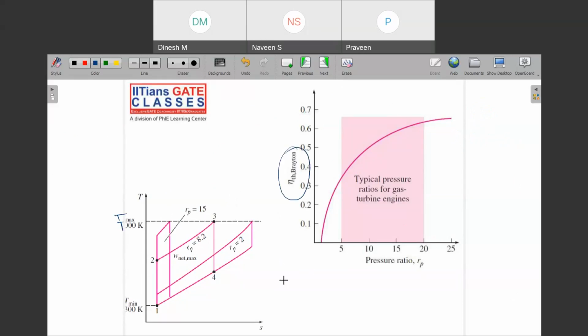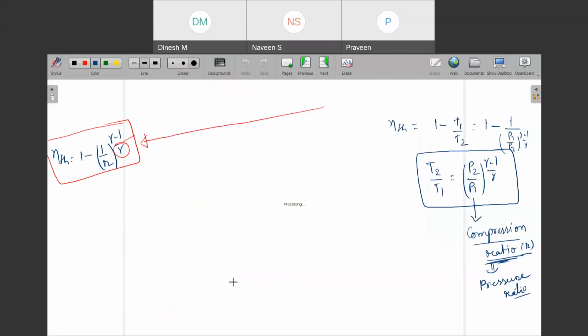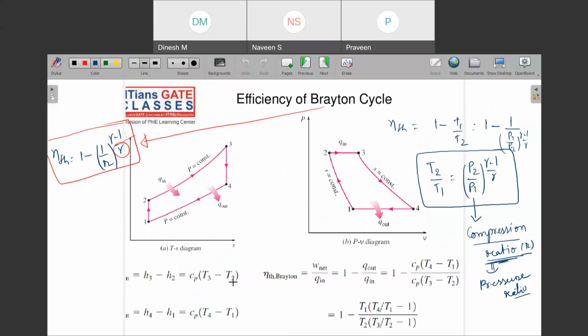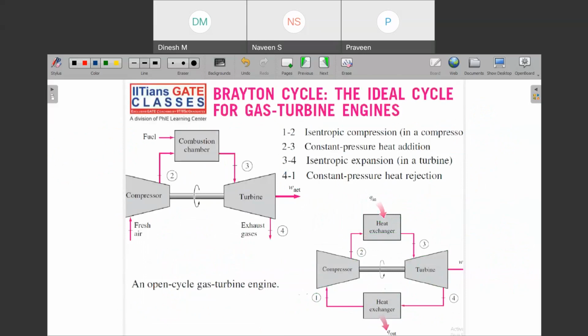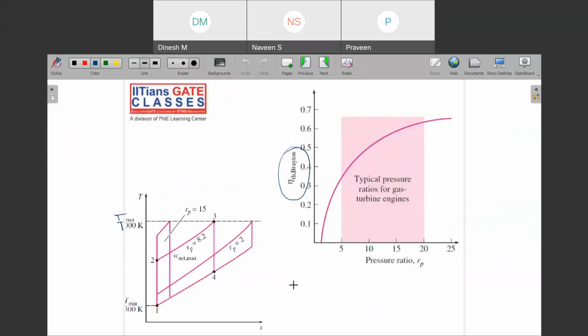But here you have the compressor, which is a work consuming device. Yes or no? Yes. So if I keep on increasing the pressure ratio, then my thermal efficiency will increase.